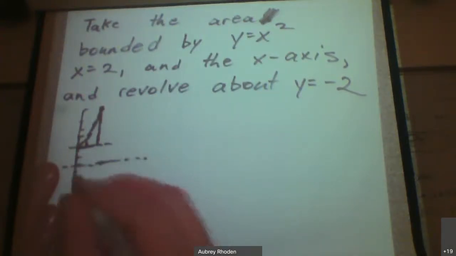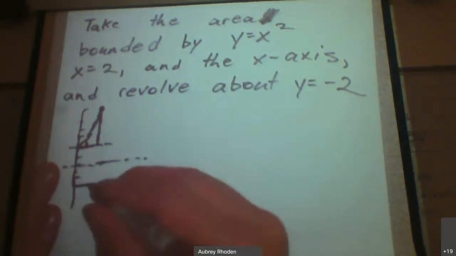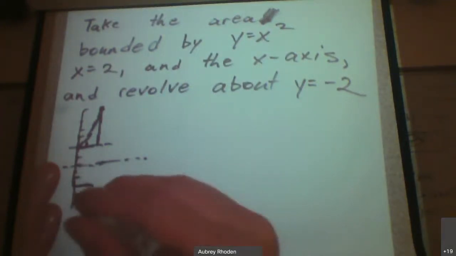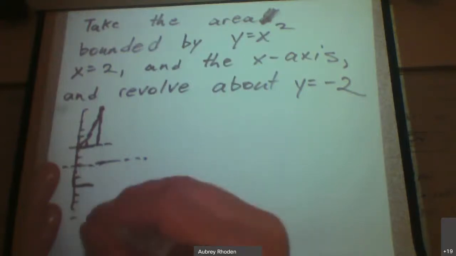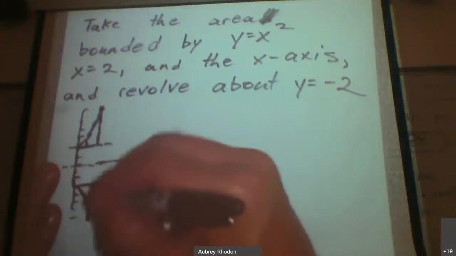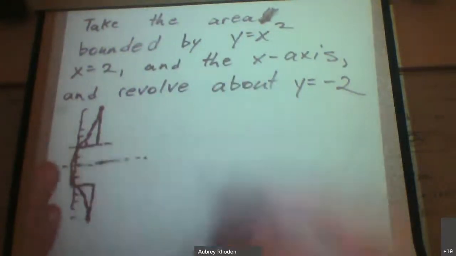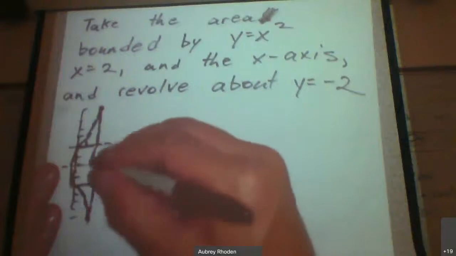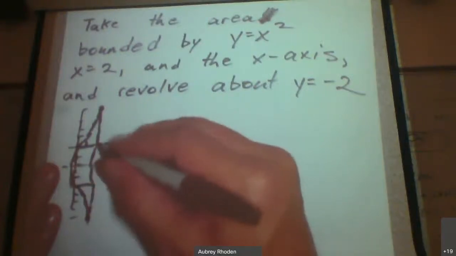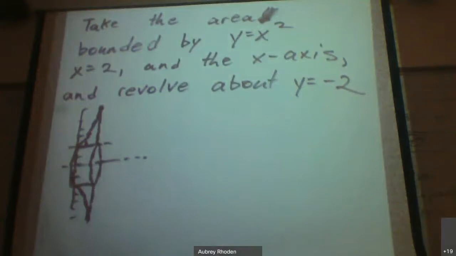Then we go down 1 and 2, and 1, 2, 3, 4, right there. So this is basically what we're trying to revolve, except it's got a hole in the middle. And I'll leave it at that because otherwise it starts to look really messy.